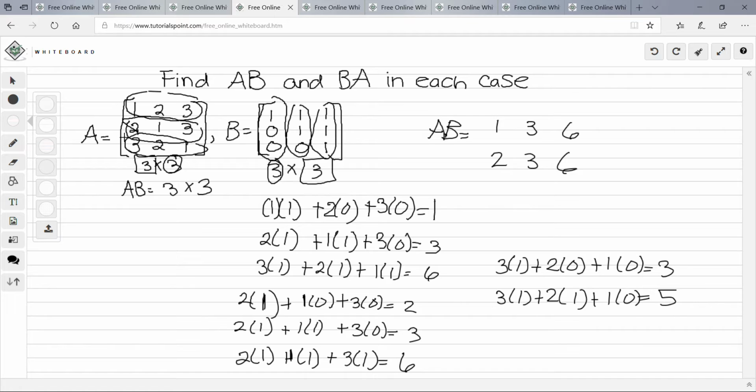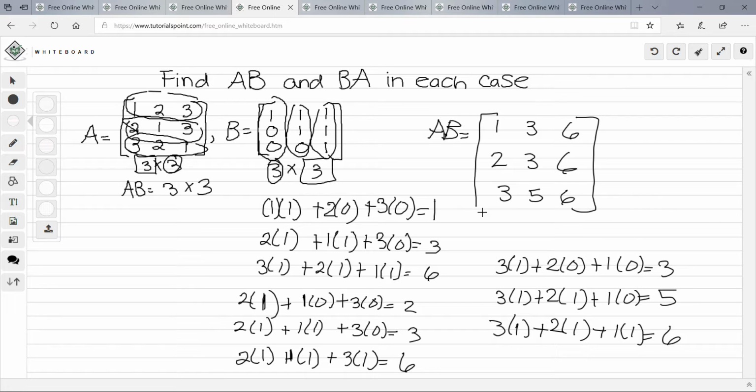And then the last one, this row by this column, so it's going to be 3 times 1 plus 2 times 1 plus 1 times 1. And that's going to be 6. So this row is going to be 3, 5, and 6. So that is AB.